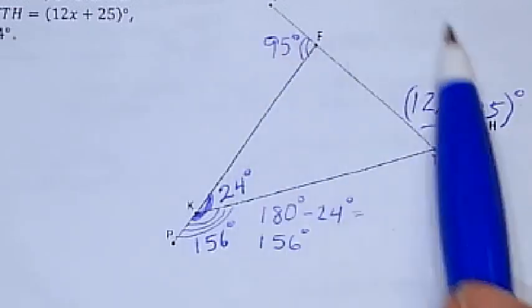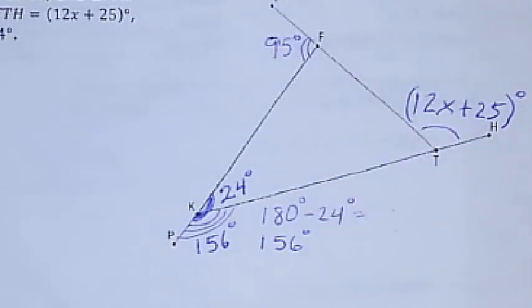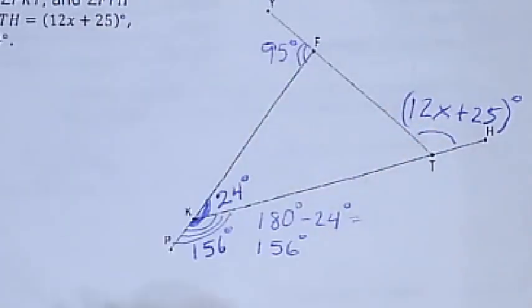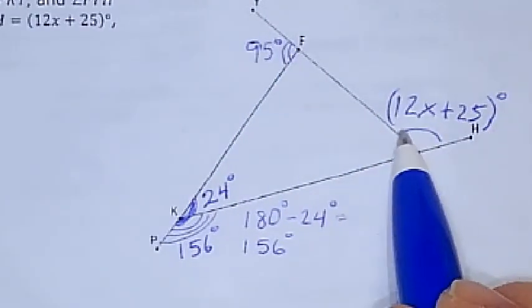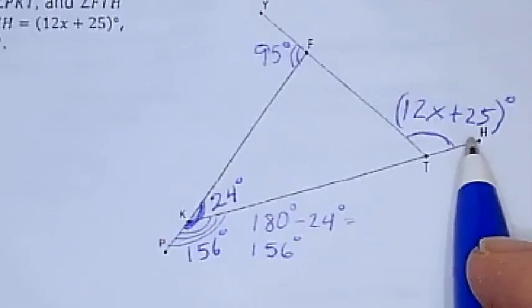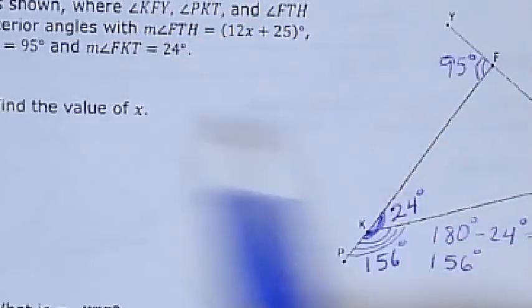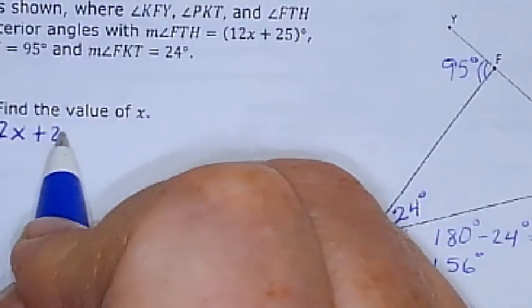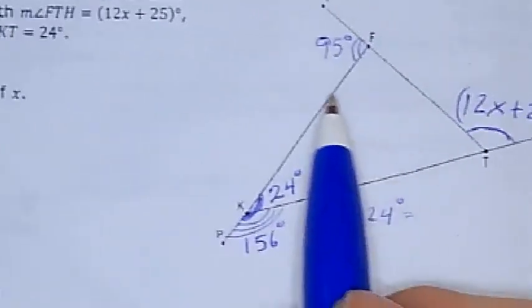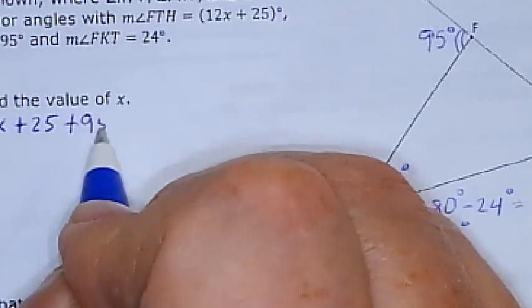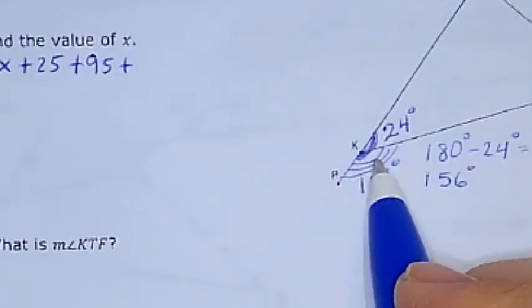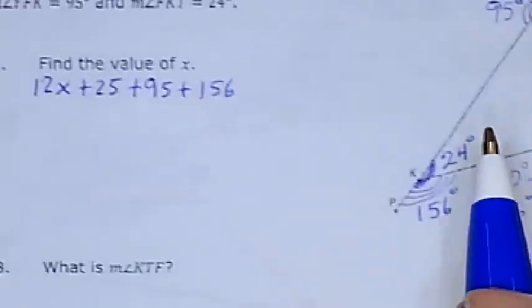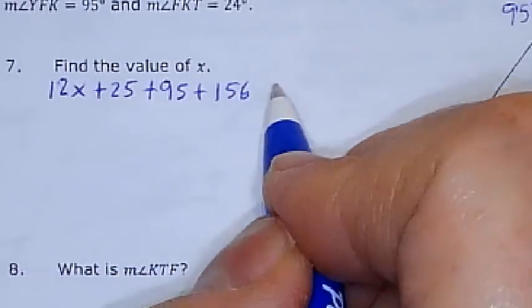That means if you want to create your equation, we could take this exterior angle, which is 12x plus 25, plus that exterior angle, which is 95, plus that exterior angle, which is 156. That's all three angles. And what is it supposed to add up to be? 360. According to the exterior angle sum theorem.